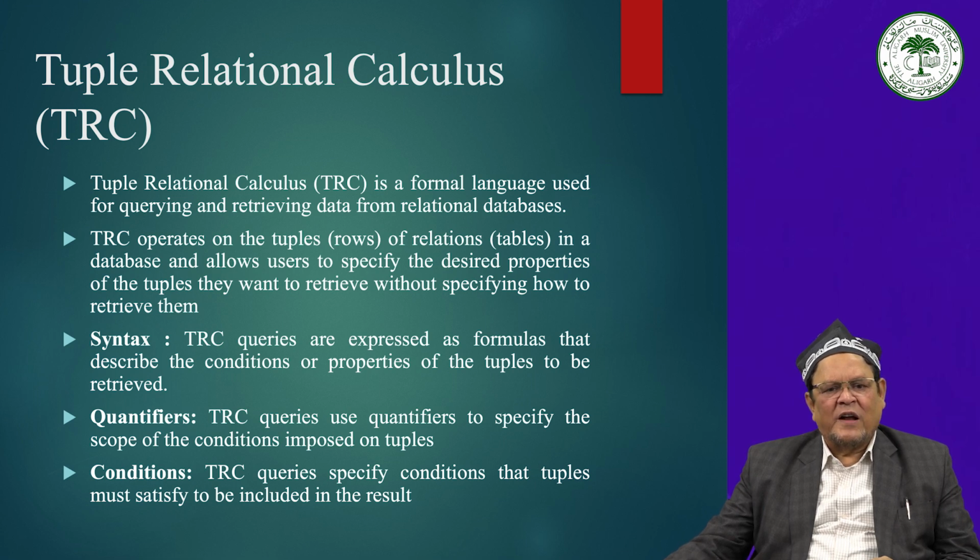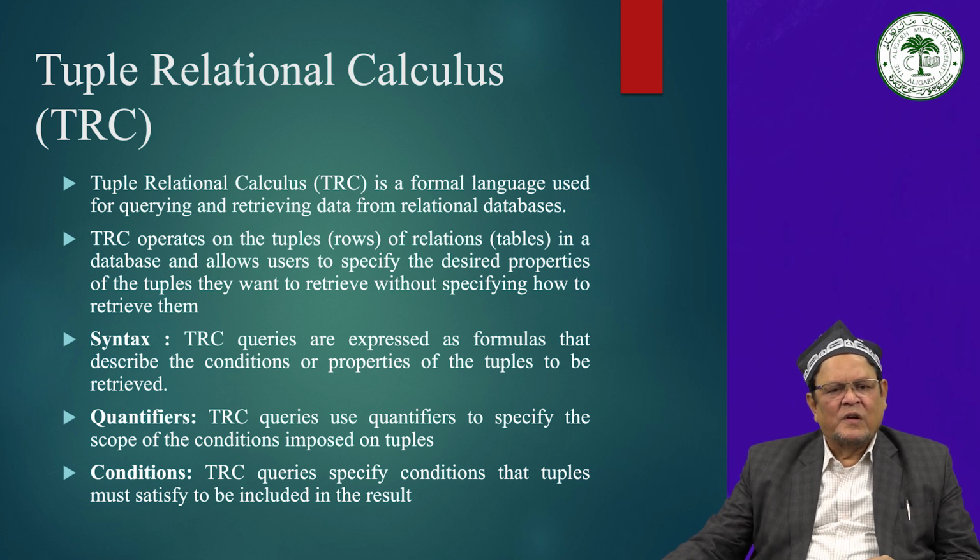The syntax of TRC involves quantifiers for existence and for universal, and logical connectives and, or, not to specify conditions on tuples. TRC queries can include variables to represent tuples and attributes as well as constants and comparison operators.